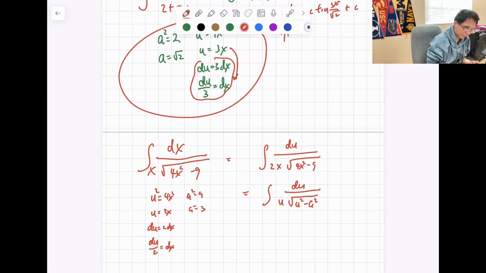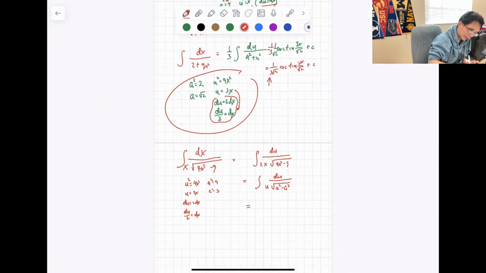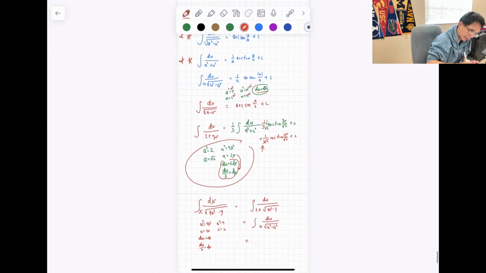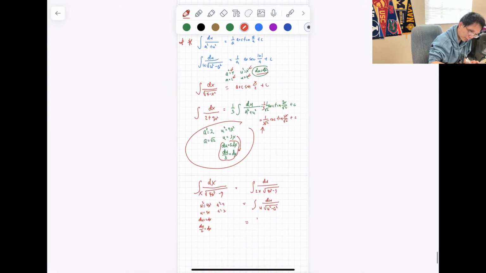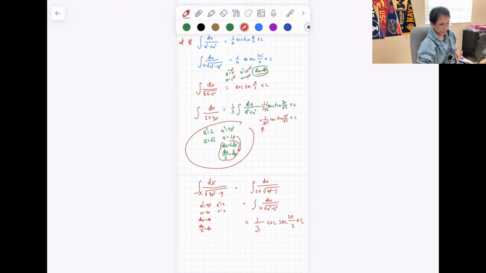So what kind of format is that? Secant. So I'm going to go back and look at the formula. Like I said, I don't remember this formula. So 1 over 3 arcsecant of what? 2x over 3 plus c. Yep, that's the answer. So this 2x.